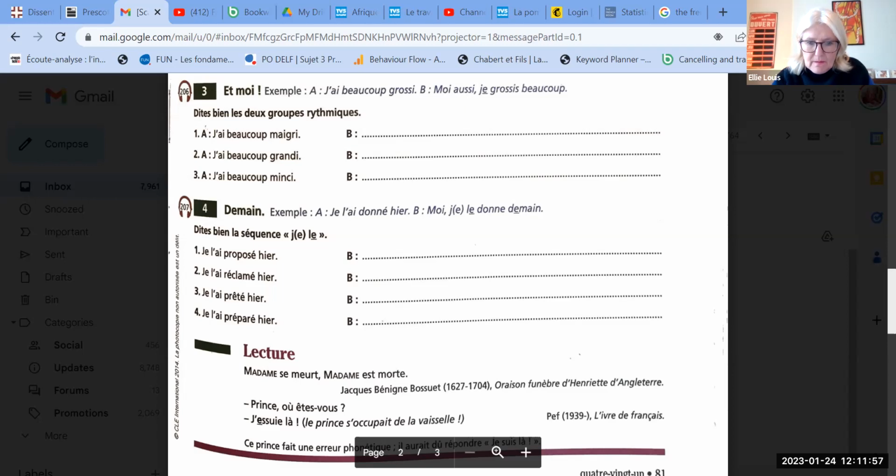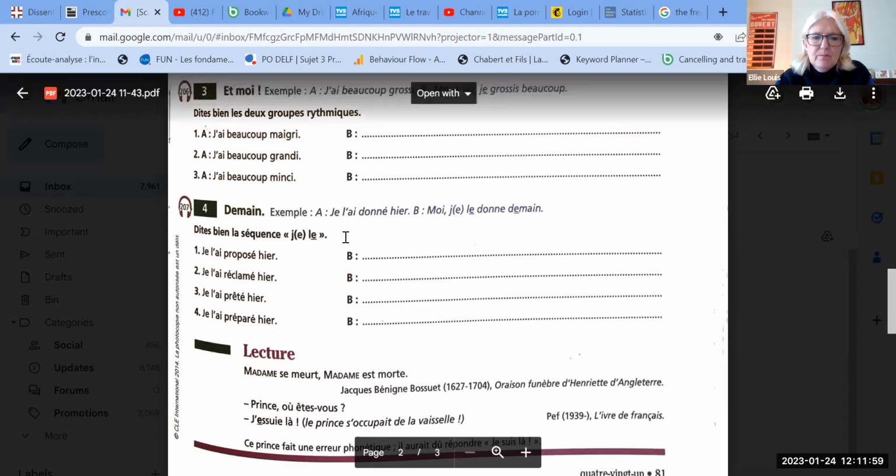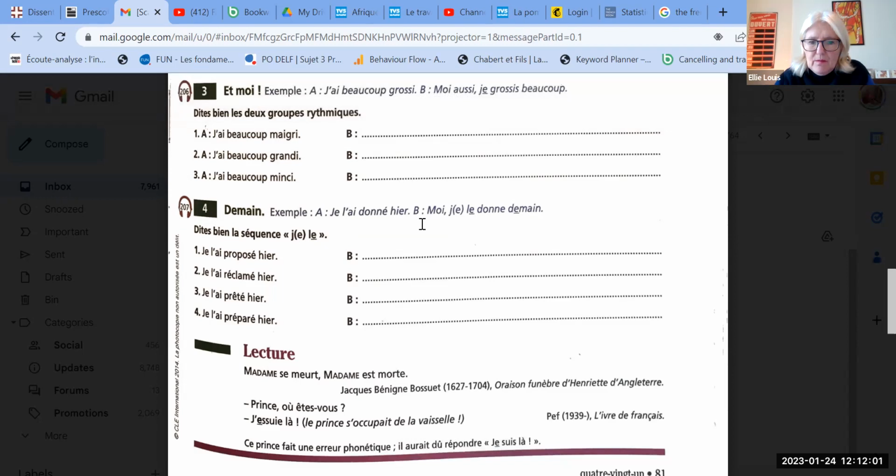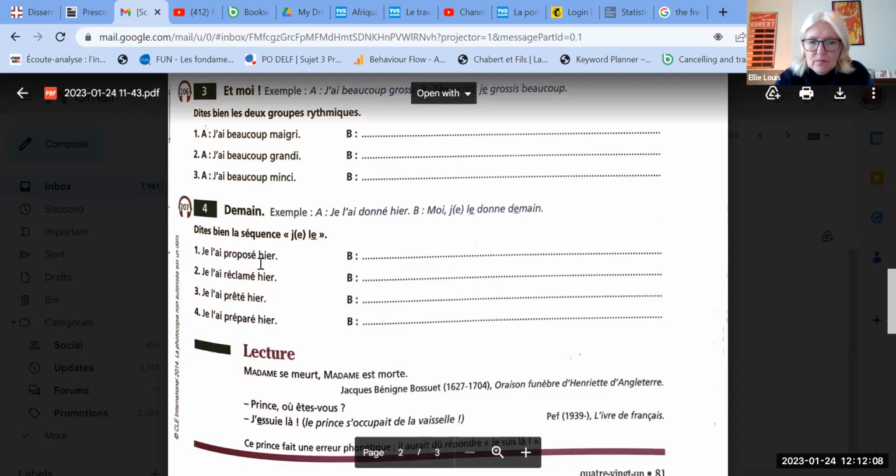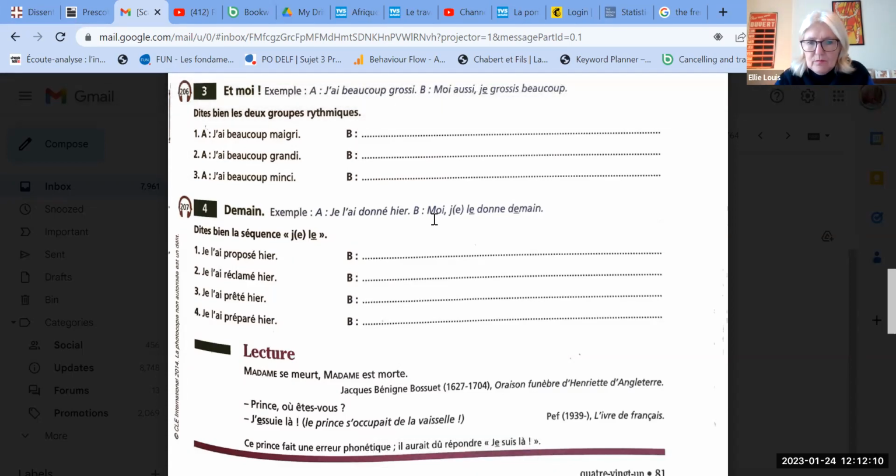Exercice 4. Exemple. Je l'ai donné hier. Moi, je le donne demain. 1, Je l'ai proposé hier. Moi, je le propose demain. 2, Je l'ai réclamé hier.